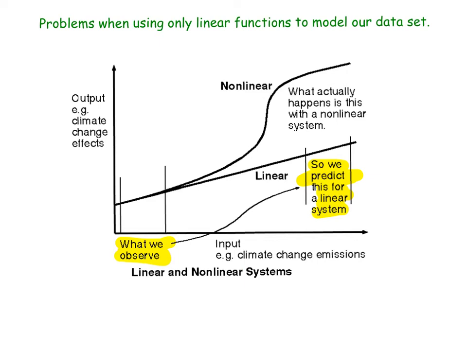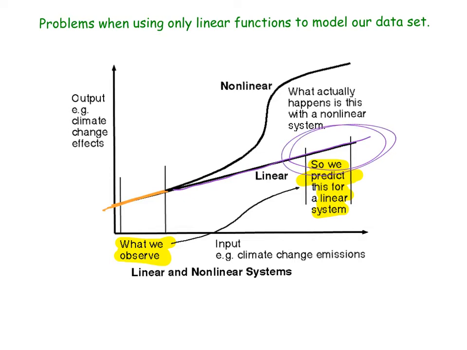And so if you notice here, this one shows you possible problems that could happen. So if you're given just this portion of the graph that I made orange, you don't really know what's going to happen, so you assume it's going to be linear. And so this is what you would predict.